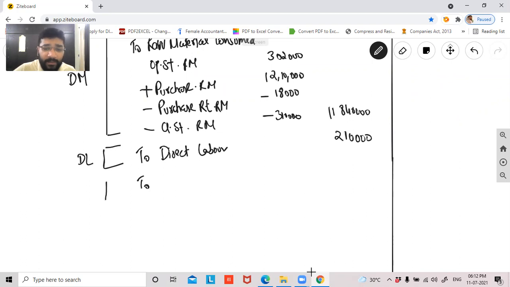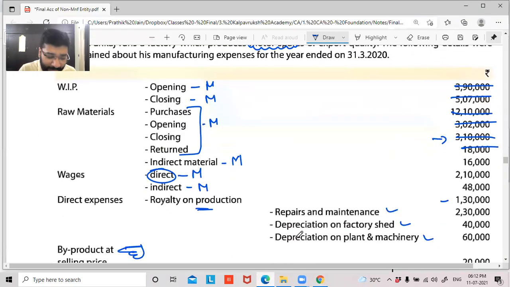Looking at this question, what is my direct expense? 1,30,000. Guys, can I say royalty on production? Because this is directly associated with production. What is the difference between direct and indirect? Direct are those things where, if I incur this cost, only then the production will happen.